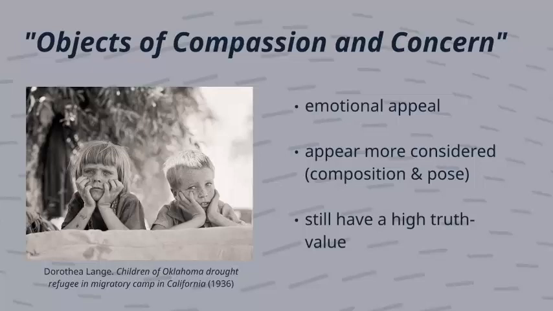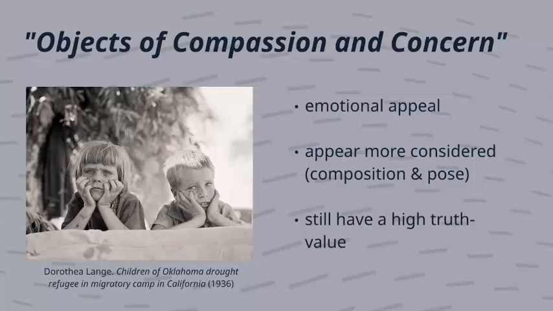The aesthetic used by Dorothea Lange indicates a certain set of stylistic choices. For instance, the two children look directly at the viewer and thus at the camera and the photographer, indicating their knowledge that they are about to be photographed. They also seem more prepared, like they are allowing their photos to be taken. They're looking directly at us, their hands clasped around their faces, both of them taking a very similar pose.